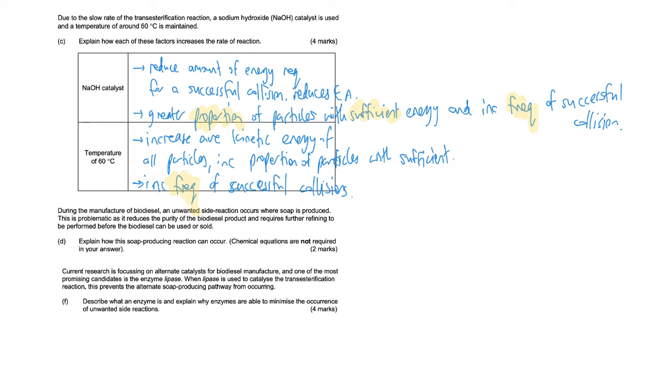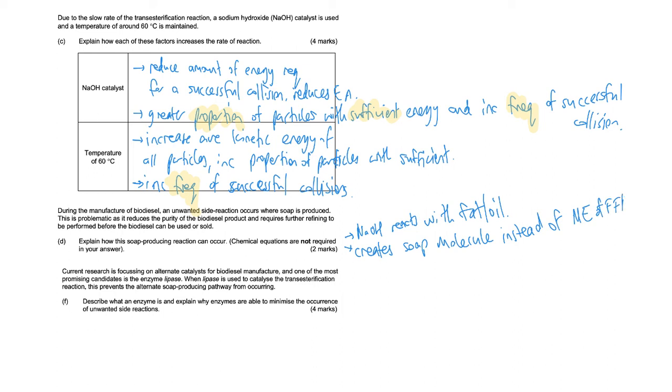So in other words, something along the lines of the NaOH reacts with fat/oil, creates soap molecule instead of the methyl ester of free fatty acid. Alternatively, that's also known as the biodiesel. Okay, so effectively you create the soap molecule instead.